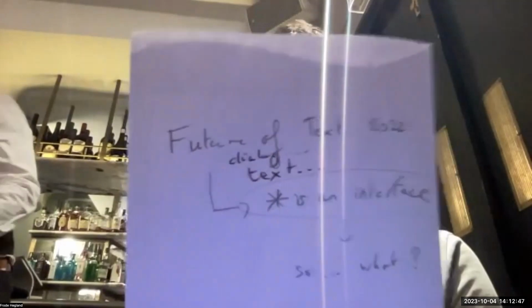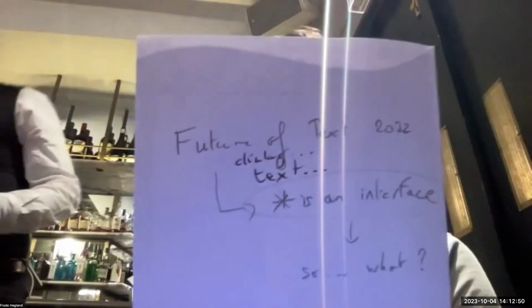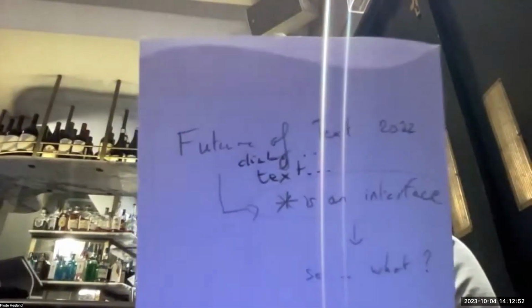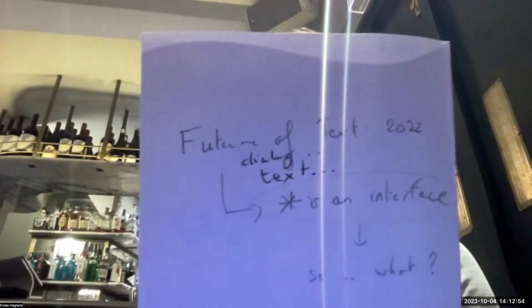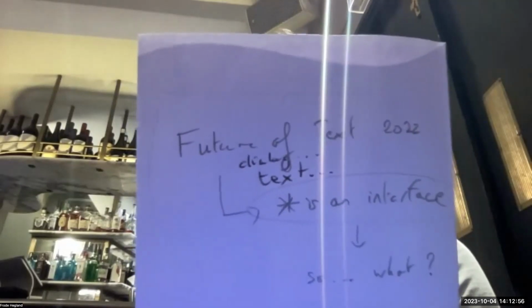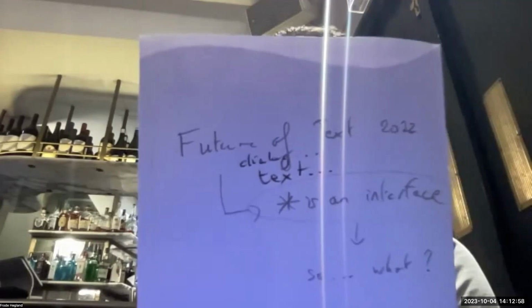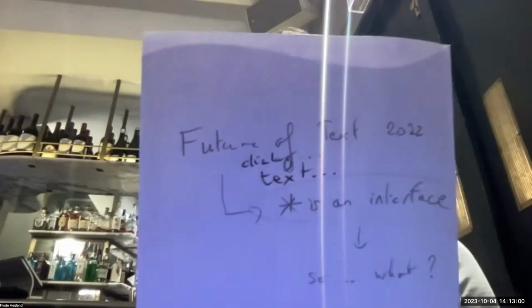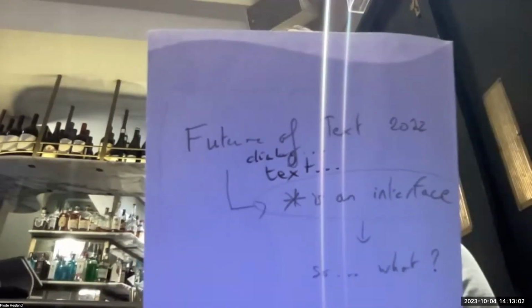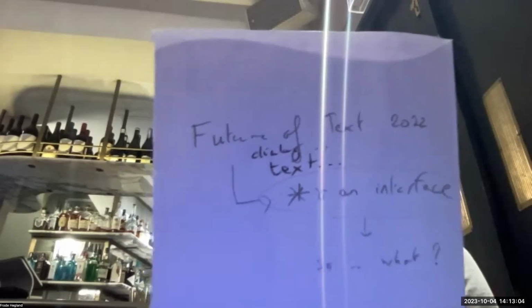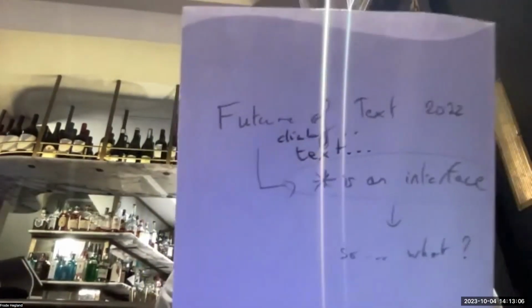Okay, so yes, last year for the future of text, I also made a short presentation, not 5 minutes, but a bit longer, on interfaces, because I think basically everything around us is an interface. We mentioned briefly affordances, but affordances toward information, digitally, or just the handle of a door, basically.